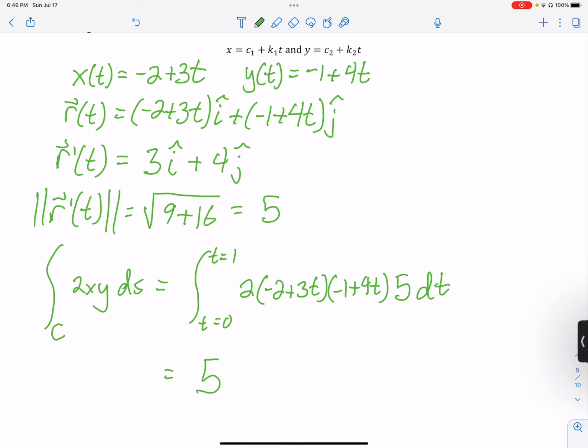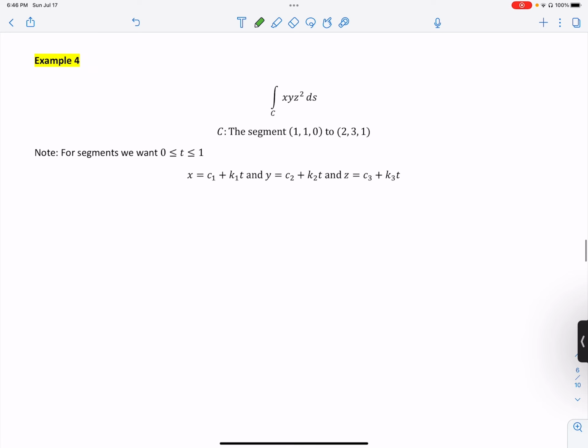All right, I got another example. Now we have 3 points. It's also segments, so a straight line. How we set this up, there's a formula there if you'd like to set it up. I like using mx plus b. So my x of t starts at 1, and then I just think about, okay, 1 to 2, it went up 1, so that's 1t. Y of t starts at 1, and it goes up to 3, so that went up 2t.